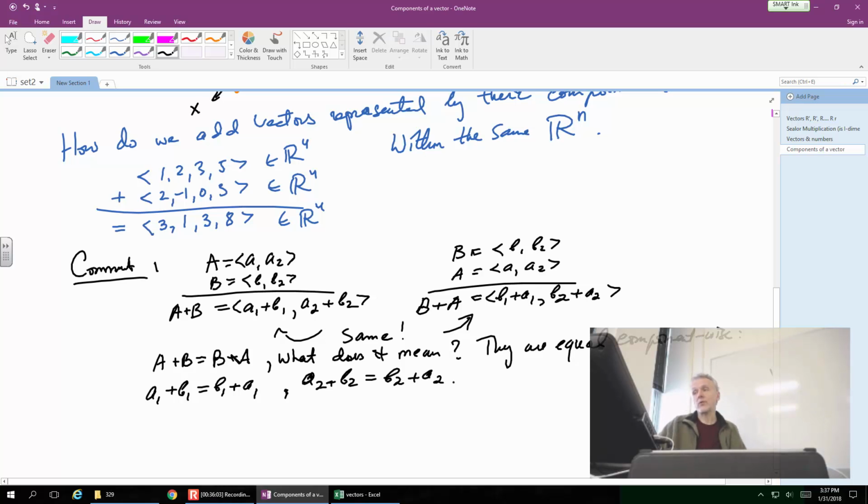So that's why they're equal. If we can claim that these two pairs, for dimension 2, are equal to each other, then the two vectors are equal to each other. But how do we know that these two are equal to each other?